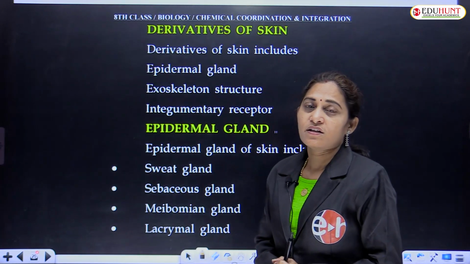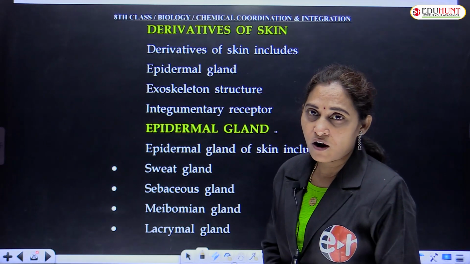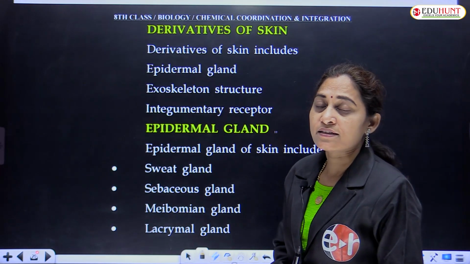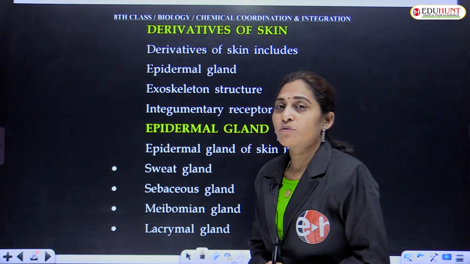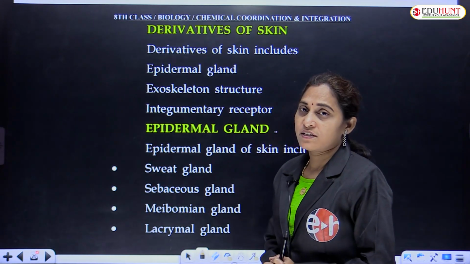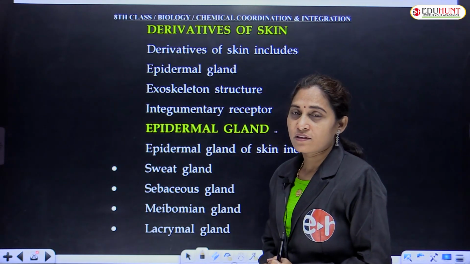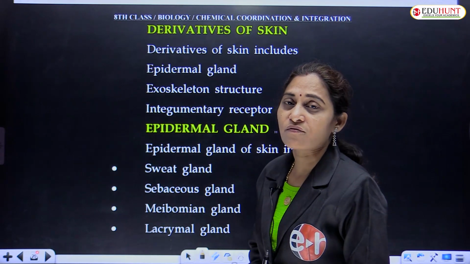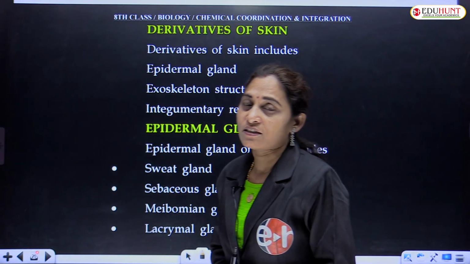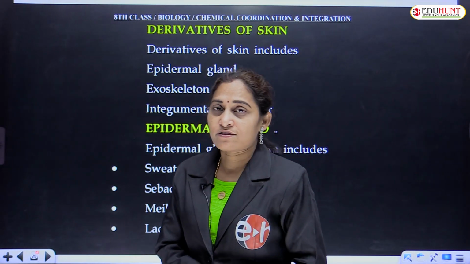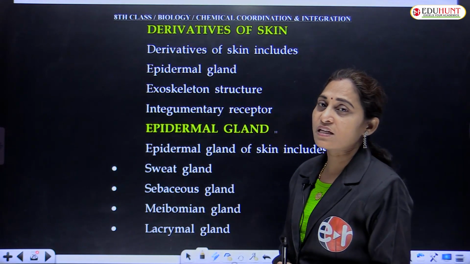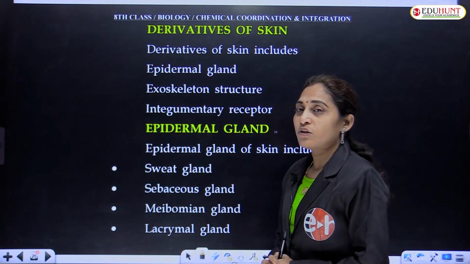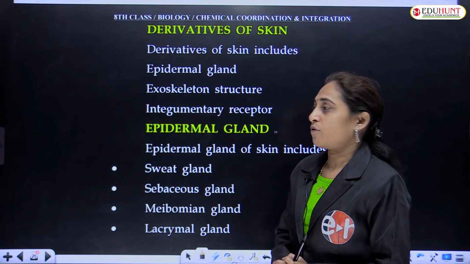Exoskeletal structures include horns, hair, nails, wings, feathers, etc. Integumentary receptors are certain proteins that receive signals, whether external or internal, and these will be received by the integumentary receptors.